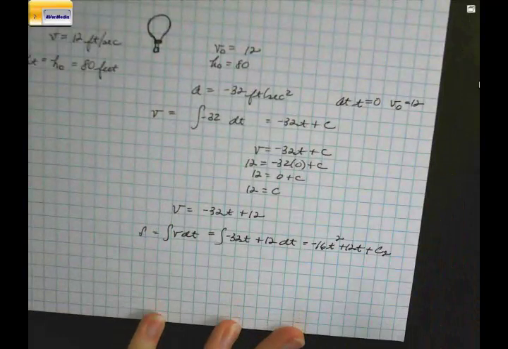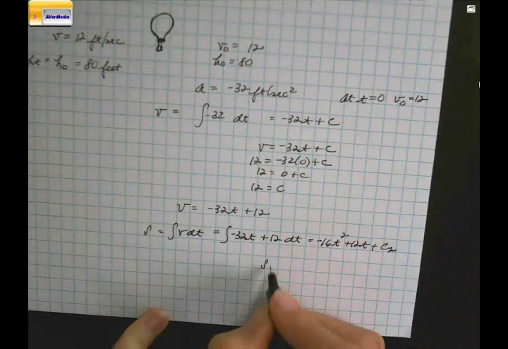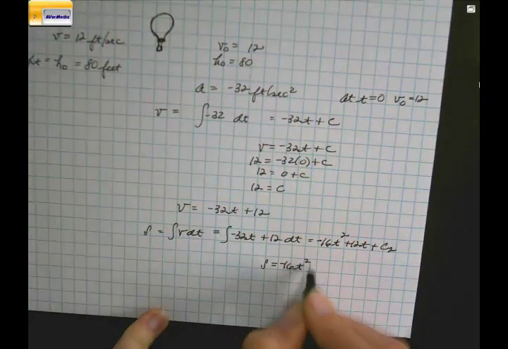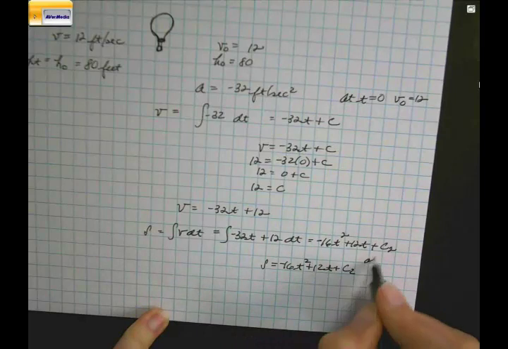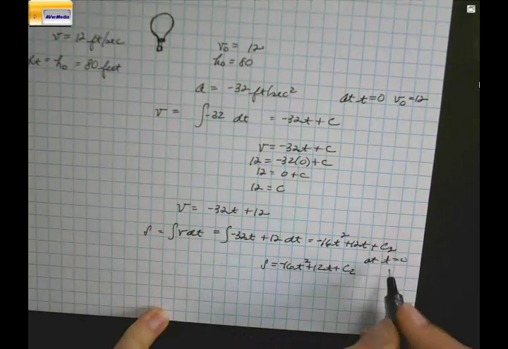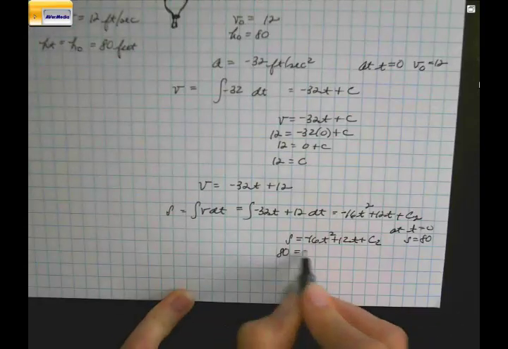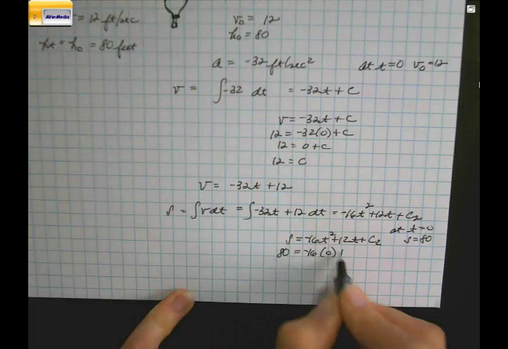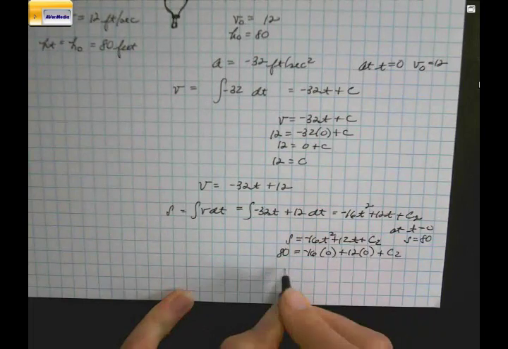Now, what was our initial position? 80 feet. This is going to be 80, but to prove this to you, at time equaling 0, your initial height was 80. So if you put this in here, you get 80 equaling a negative 16 times 0 plus 12 times 0 plus your constant.